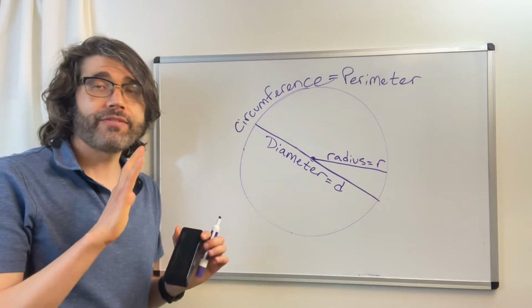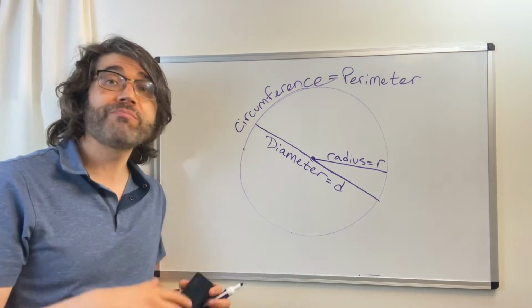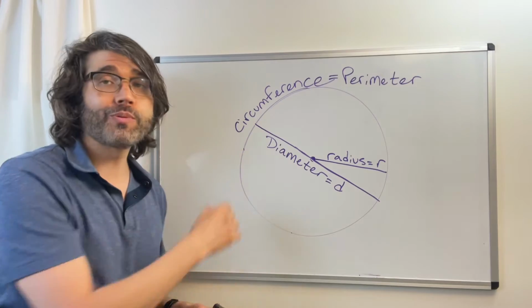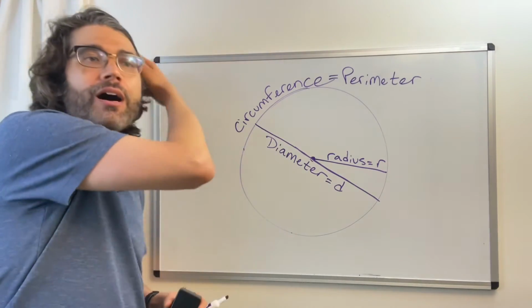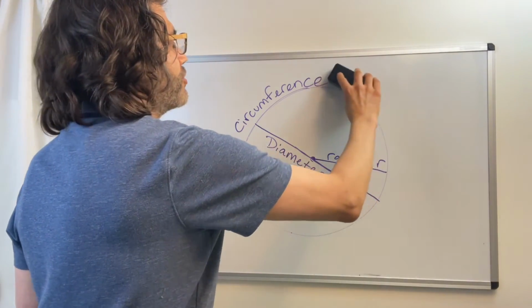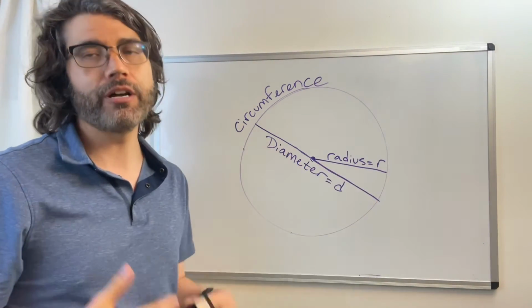If you call it the perimeter of a circle, that's technically correct. Not a lot of people call it that. Most people call it the circumference. I will erase the word perimeter, but just know that the circumference is the perimeter of a circle.